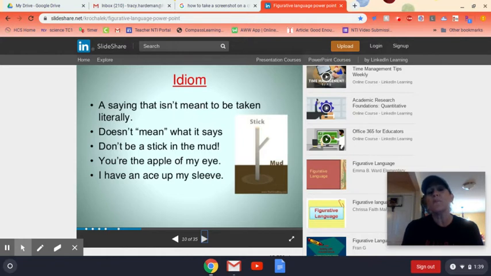And idioms, when we talked about figurative language, we said that when you have people who are visiting from other countries that don't speak English on a regular basis, sometimes they'll hear some of these things that we say, and it kind of catches them off guard, because idioms especially, it does not mean anything like what the words are saying. So if they hear you say that, it sounds very confusing because they understand what the words mean, but they don't understand how you were using them.